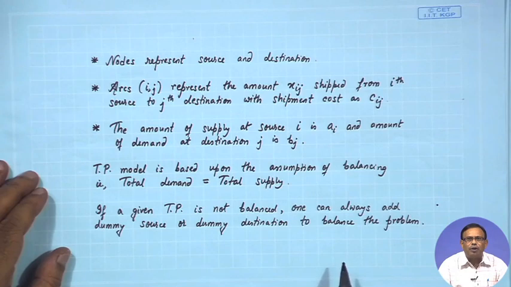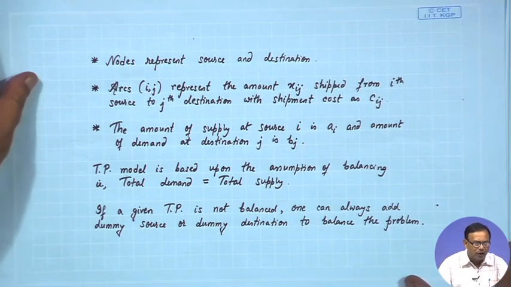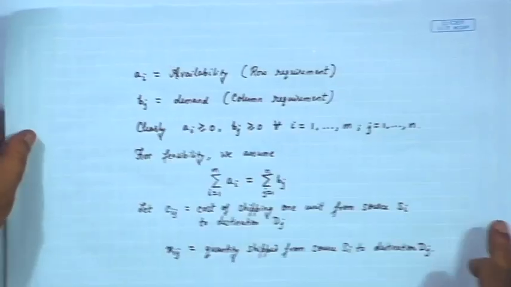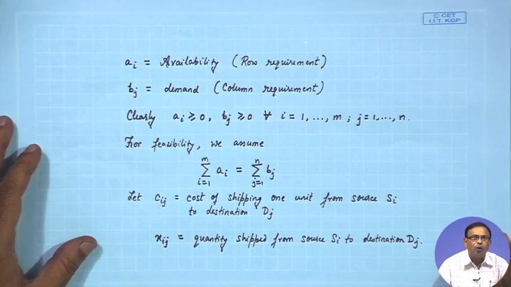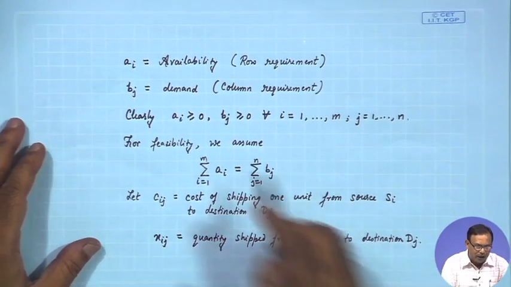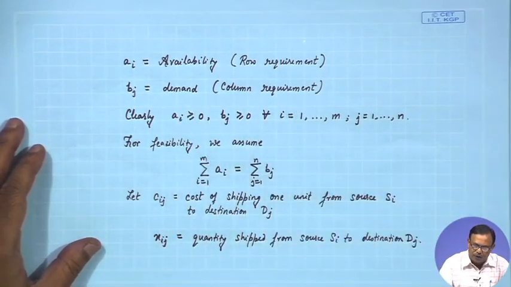If the problem is not balanced, then we add either a dummy source or a dummy destination to balance that particular problem. We assume that a_i equals availability, which we call the row requirement, and b_j equals demand, which is the column requirement.